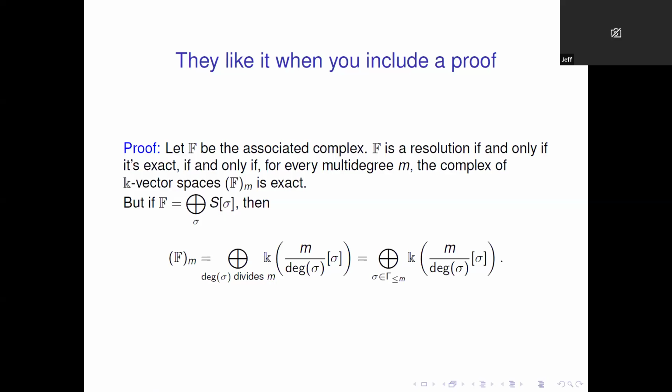Well, the vector space is non-trivial if and only if the ring S times sigma contains something in multi-degree M. And that'll only happen precisely when M is a multiple of the multi-degree of sigma, because then you can take the formal symbol sigma, multiply it by the quotient, and get somebody in your module that does have multi-degree M. So this happens precisely when sigma is in gamma less than or equal to M, the thing that we're saying has to be acyclic.